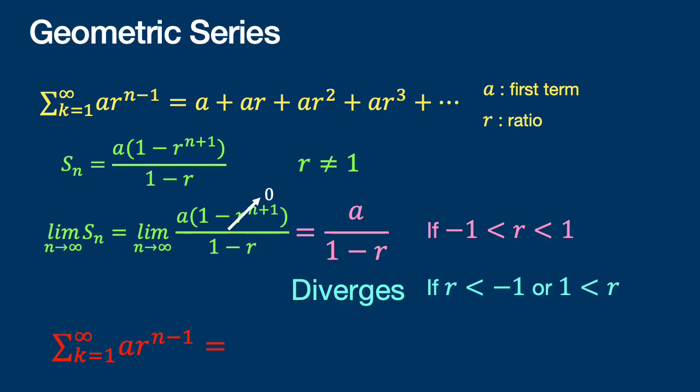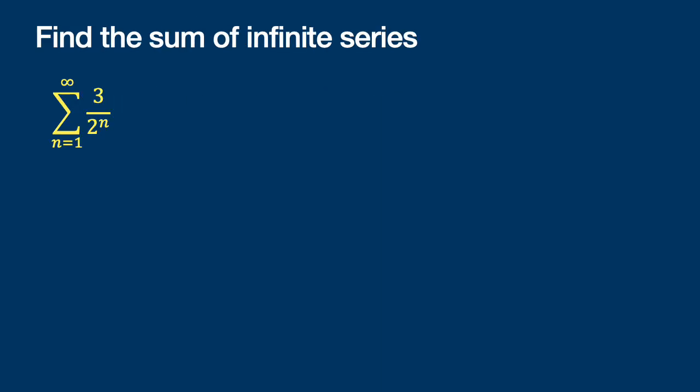When r is between negative 1 and positive 1, this geometric series converges, and the sum of the geometric series is going to be a over 1 minus r. If r is less than negative 1, r is greater than 1, r is negative 1, or r is 1, the geometric series diverges.